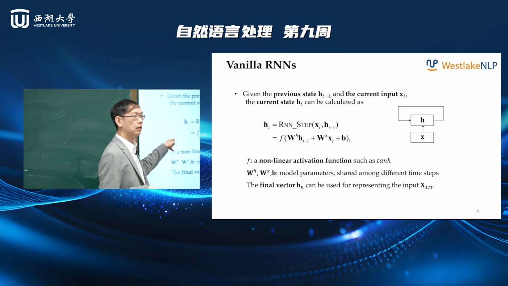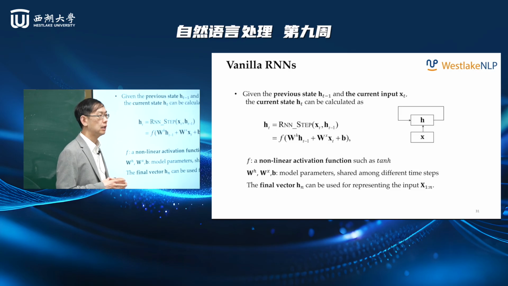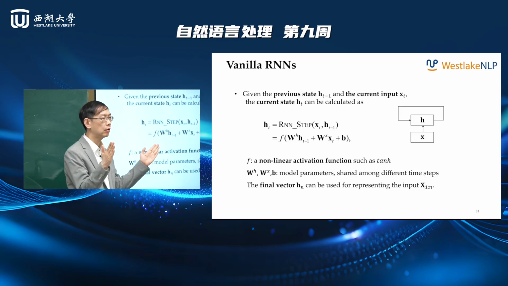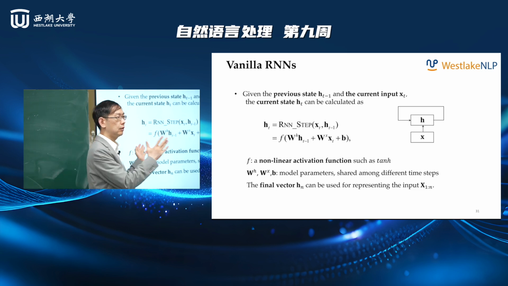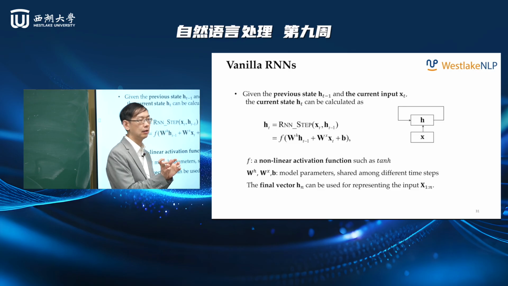And you see, here you write a slightly different equation compared to CNN, right? For CNN, you first integrate the input n-grams into a longer vector and then multiply that with a matrix. Why here you don't first concatenate h_{t-1} and x_t and then multiply that with a W?